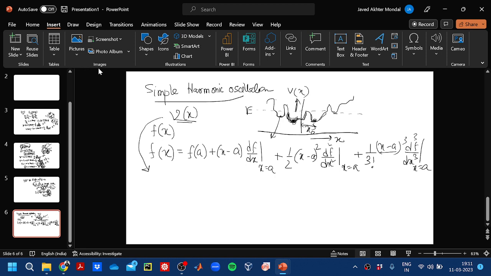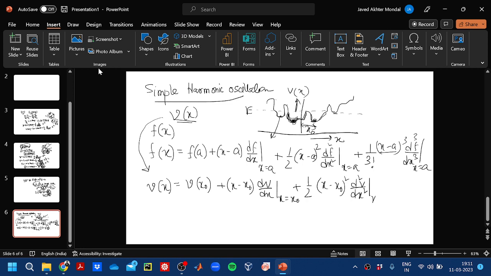If we expand our potential around x0, we will get V(x) equal to V(x0) plus (x minus x0) dV/dx at x equal to x0, plus one half (x minus x0) squared d2V/dx2 at x equal to x0, and so on.